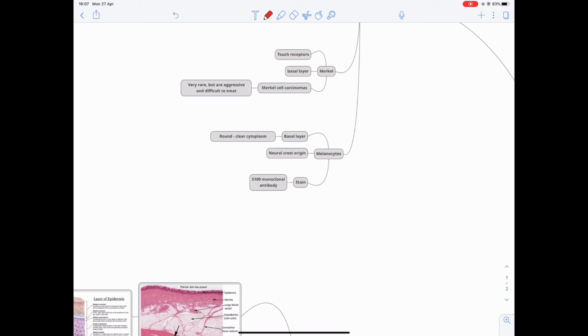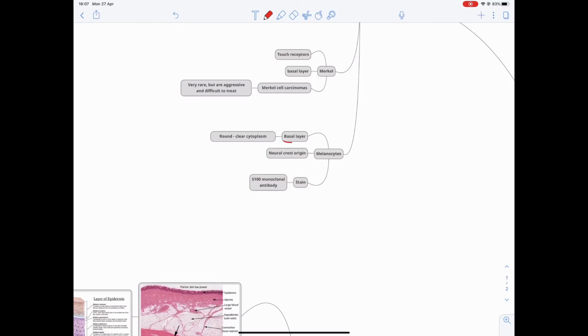Melanocytes can also give rise to cancers, as you all know, melanoma. And they're of neural crest origin. And that is, when you study embryology, you will see that certain cells, such as cells of the nervous system, come from this neural crest origin.